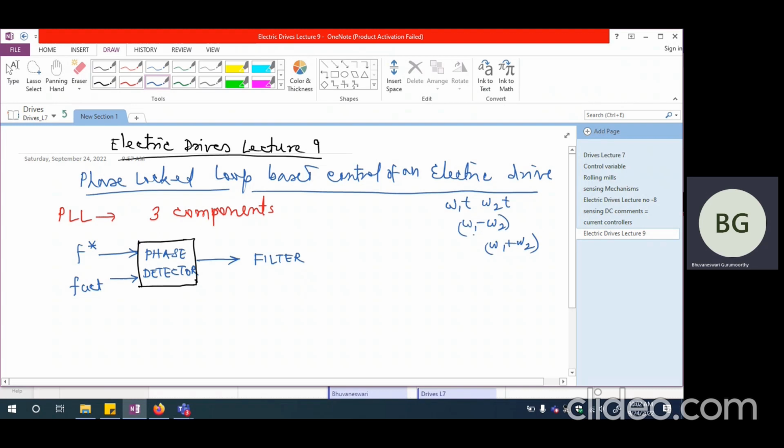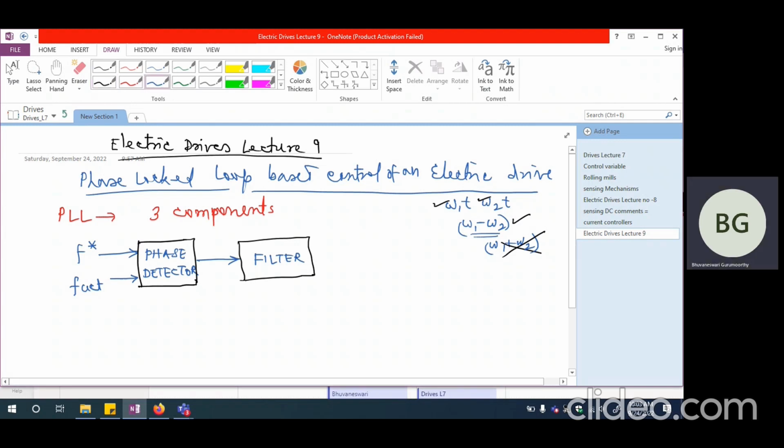If we are looking at omega 1 minus omega 2 when they are very close to each other, then this is going to come out as the phase difference. So if I put the low pass filter, the sum component will be eliminated completely, and only this will come out, which happens to be the phase difference. So the filter would generally be a low pass filter, and the output that comes out of this will be proportional to the phase difference between the two input signals.